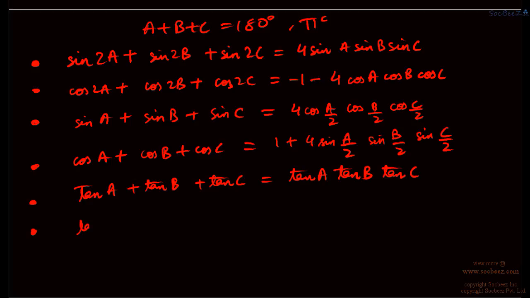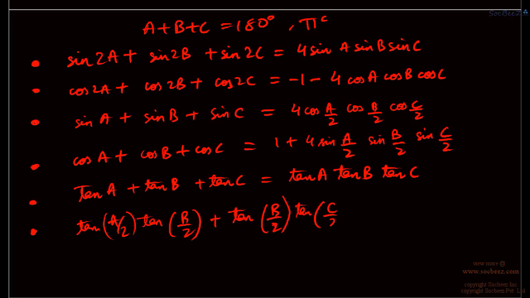And similarly, tan of A by 2 tan of B by 2, plus tan of B by 2 into tan of C by 2, plus tan of C by 2 tan of A by 2 is also equal to 1.